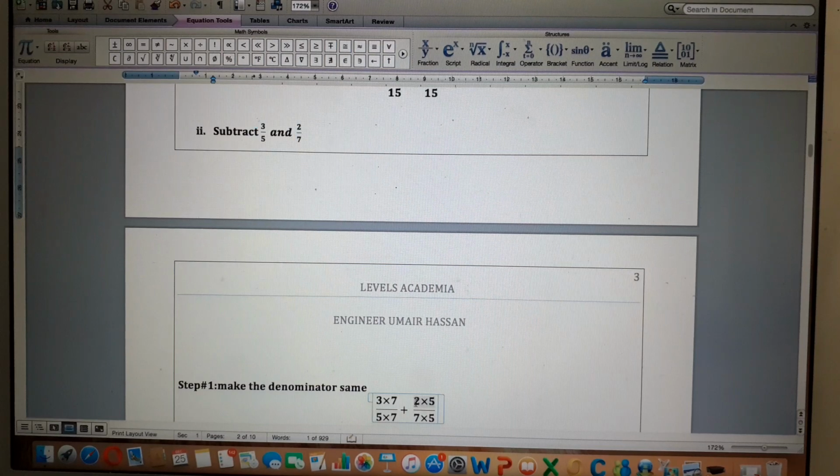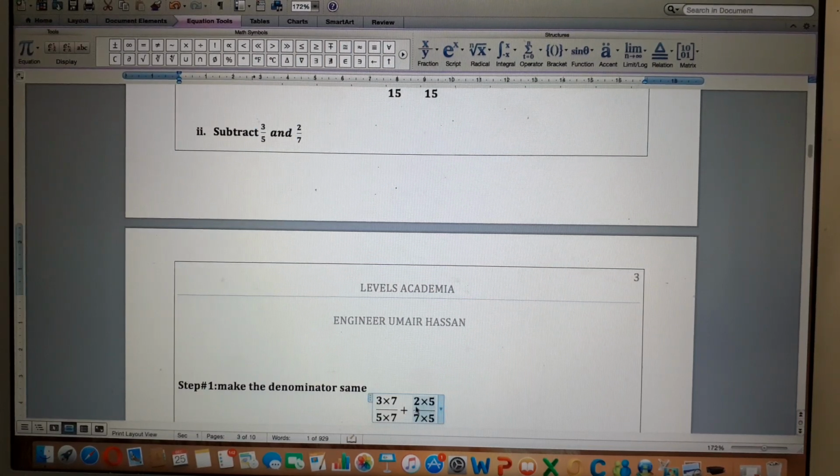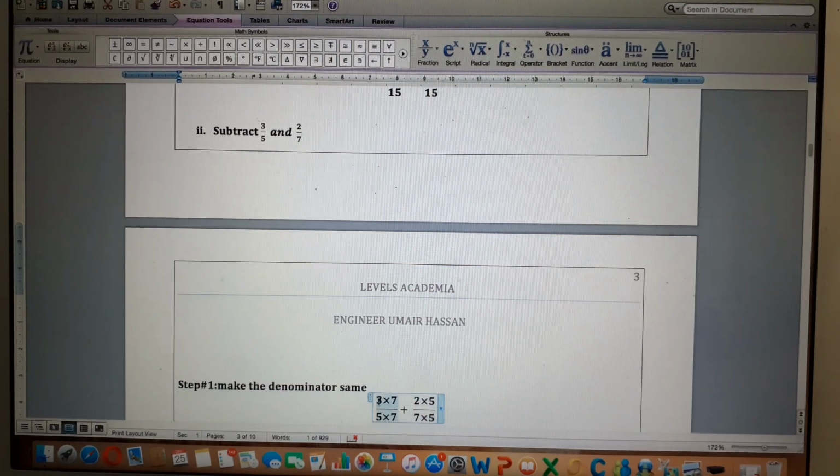Here you can observe this process. This was my second fraction, and I have multiplied 5 with both numerator and denominator, and this was my first fraction, and I have multiplied 7 with both numerator and denominator.